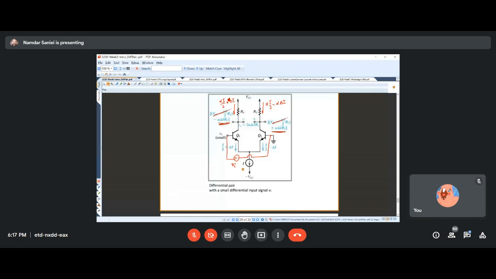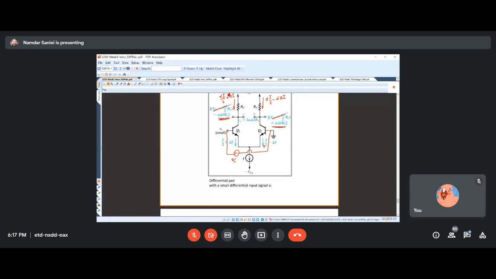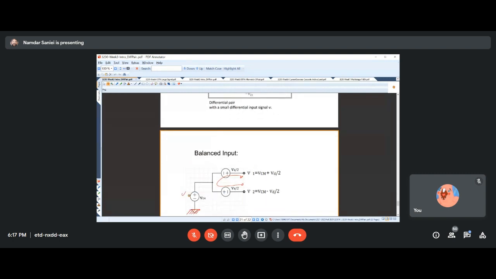So we spent some time analyzing the differential mode amplifier, and that's when we apply a signal between the two inputs differentially, and we're looking at the two outputs differentially. For that, to apply the differential input, we introduced balanced input, which had both differential input and the common mode.